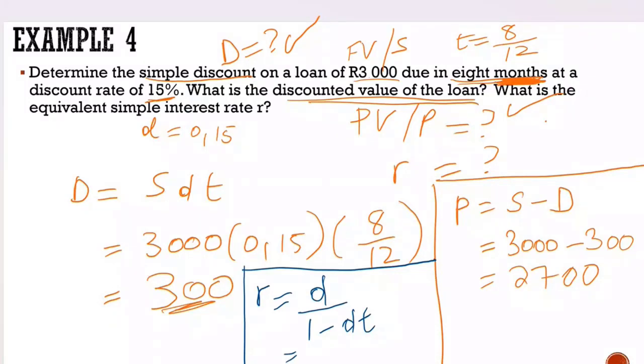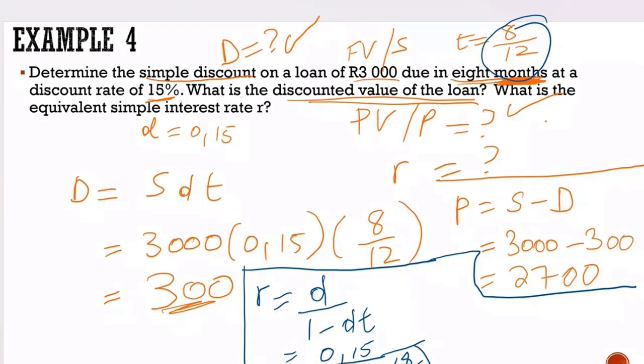Your D is equal to 0.15 divided by 1 minus 0.15, and then the time, you're using the very same time because you're looking for an equivalent interest rate. This is 8 divided by 12. You can just plug this into your calculator.